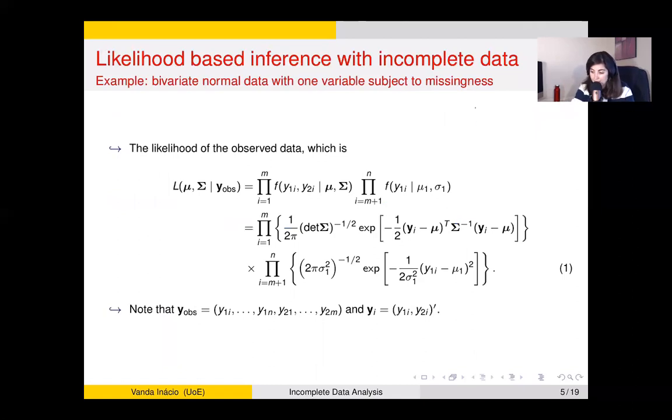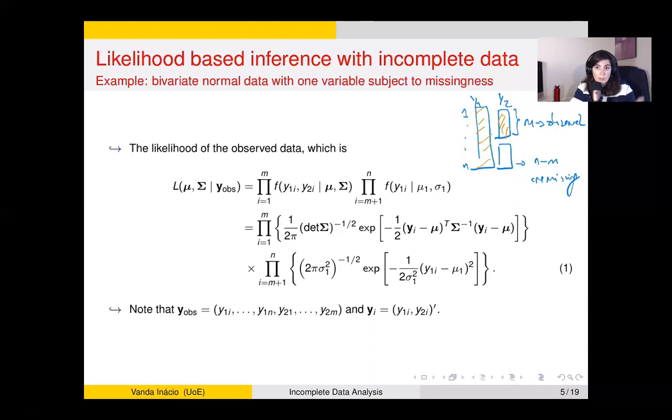Remember that I have y1 for n individuals and they are all observed, and then I have y2 that has some missing values, and we have said that the first m are observed and n minus m are missing. So the likelihood of my observed data needs to take into consideration this part and this part. I observed y1 entirely and the first m observations of y2.